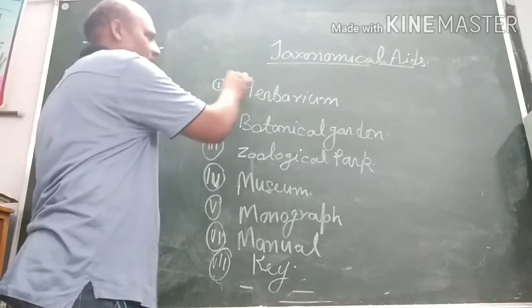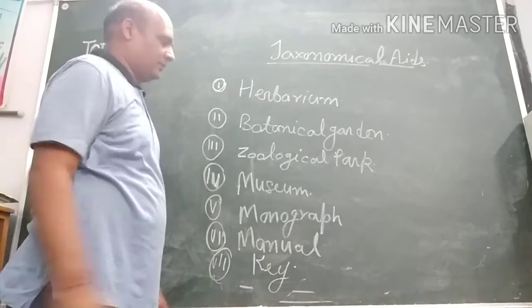These are the taxonomical aids. It helps in the taxonomy.